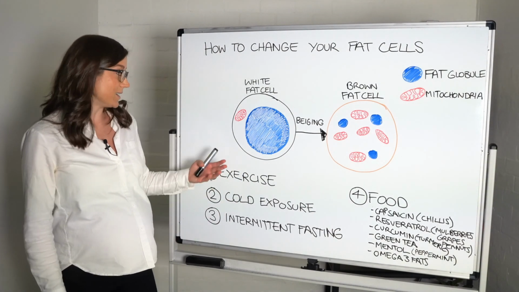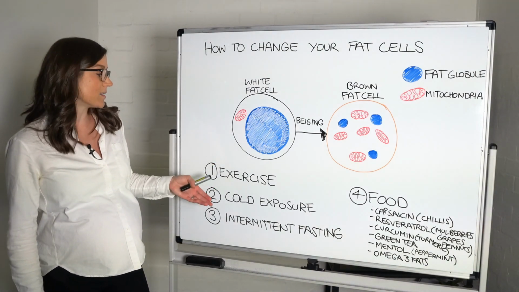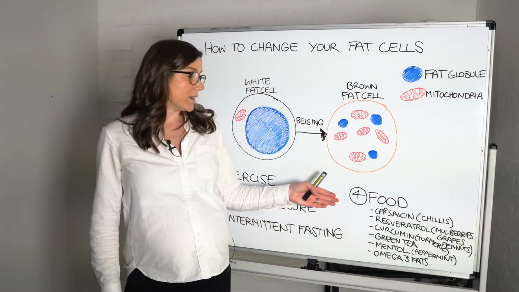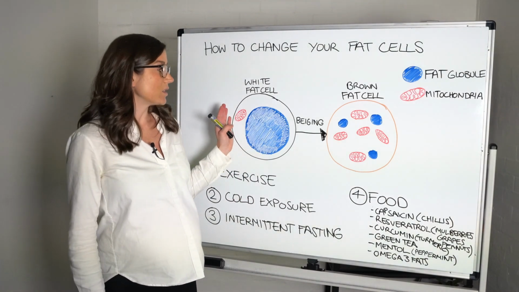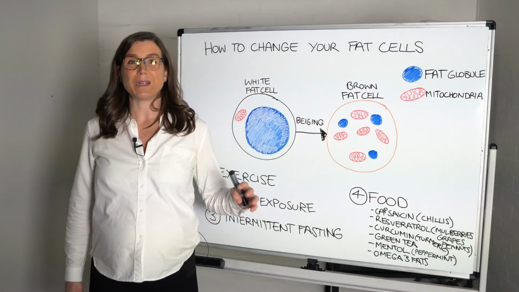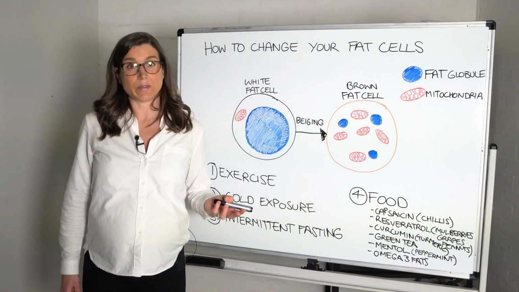So in this case, exposure to cold, exercise, periods of fasting, and different types of foods in your diet can all have a really beneficial effect in switching these genes on to promote this beiging effect, which is ultimately going to improve your metabolism, improve your health, and improve your insulin sensitivity.